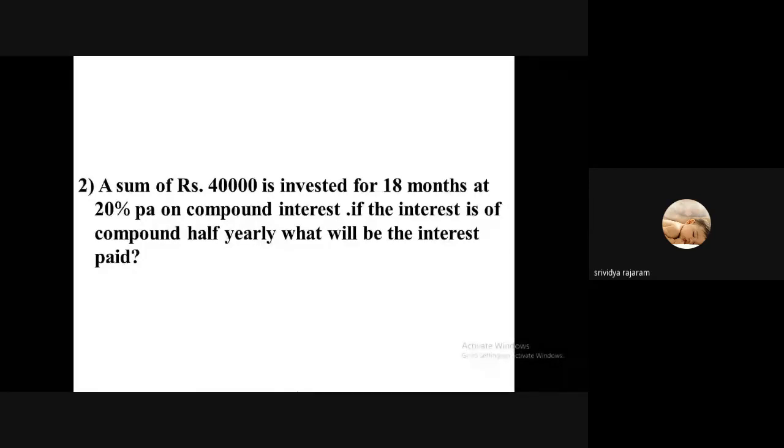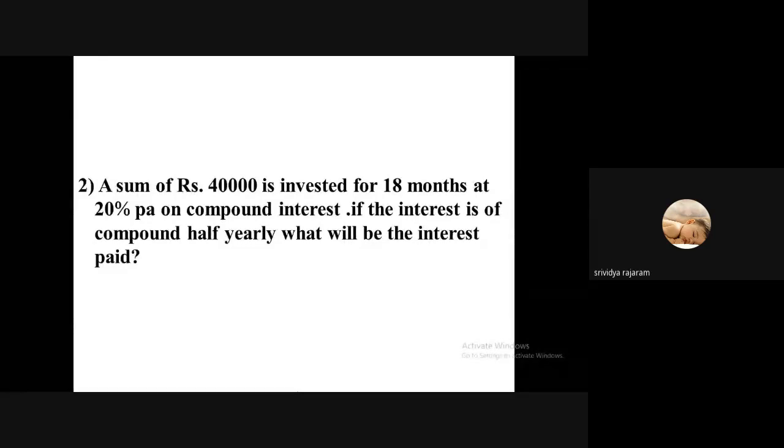So what are the values given here? Sum of rupees 40,000 is nothing but the principal amount. P is given as 40,000. Invested for 18 months. Guys, what I have said, n should always be in terms of years. But see, in this problem, n is given in terms of months. 18 months, they have given n as 18 months. So what we have to do, we have to convert these months in terms of years.